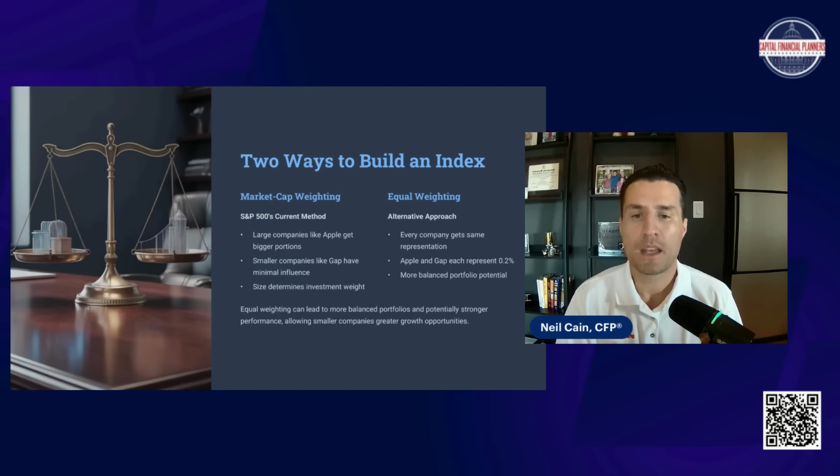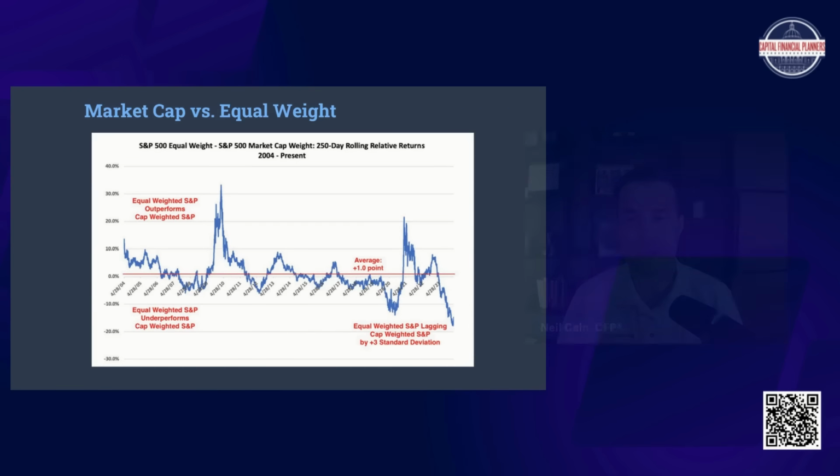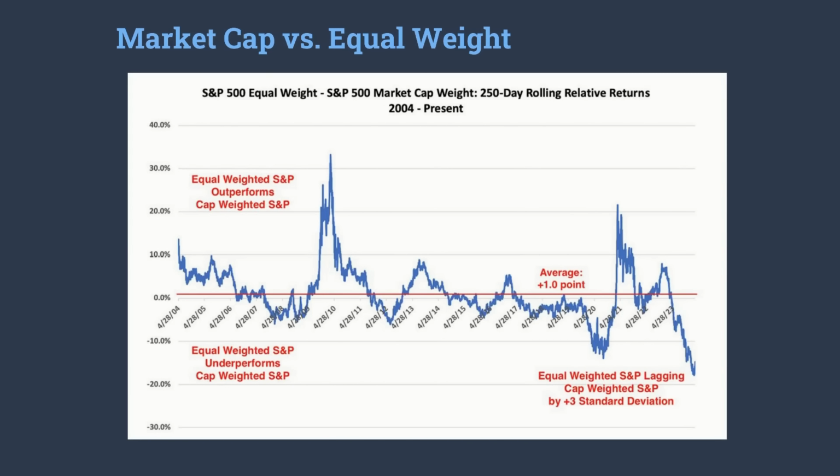If we look back throughout history, we'll actually see the dynamic between market cap, which is your C Fund, and equal weighting play out. We'll notice that in the first half of this three-decade period that we're analyzing, equal weighting actually played out better.